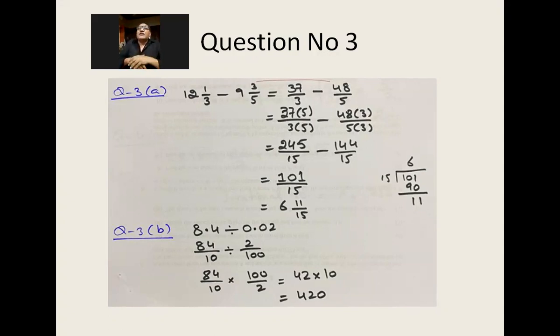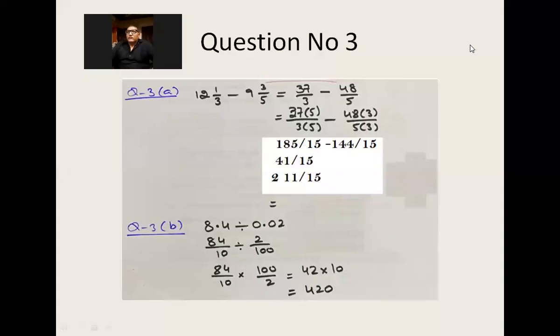So 5 times 37: 5 sevens are 35, 5 threes are 15, 15 plus 3, 185.